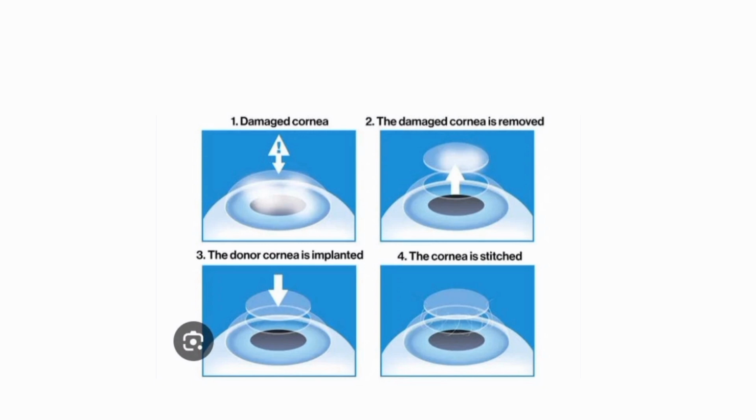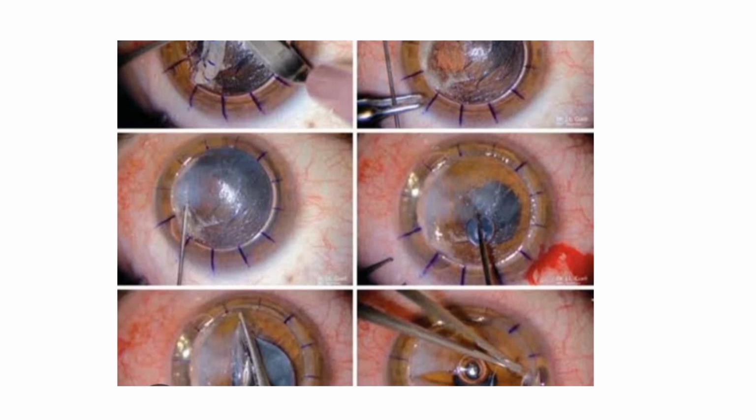Here in the slide, you could see the step-by-step procedure of corneal transplantation. Here is an original image that shows the corneal transplantation steps. This could help you to relate it with a real life scenario.